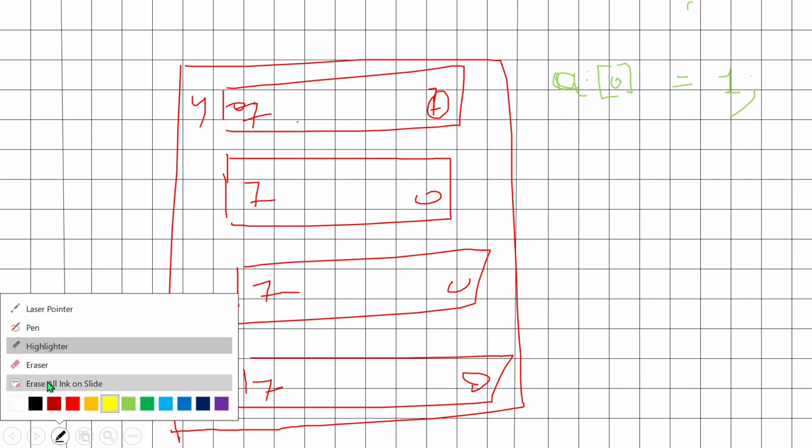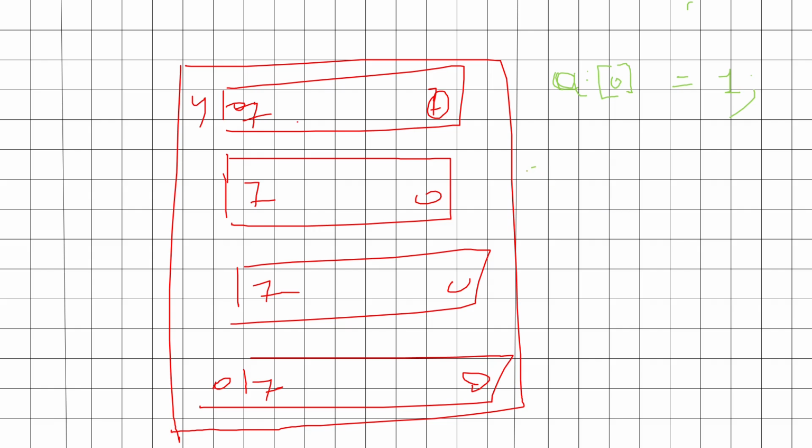So there is an equal to, and you can store directly in 8 locations here. So what is happening here? It is a of 0, a of 2, a of 3 like this.